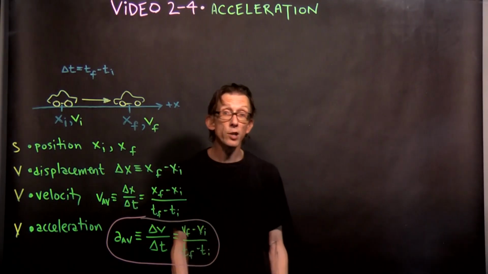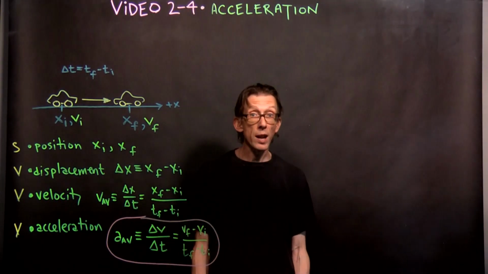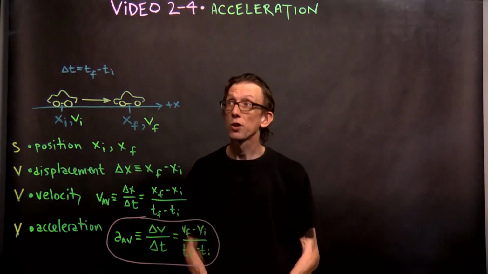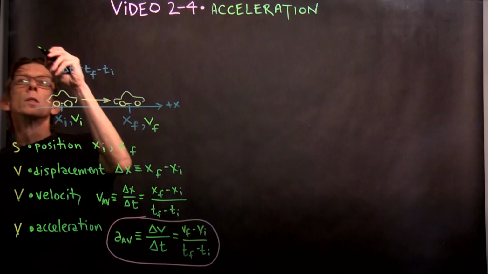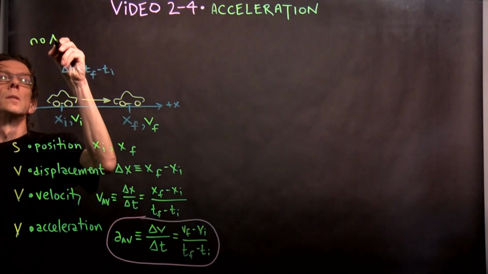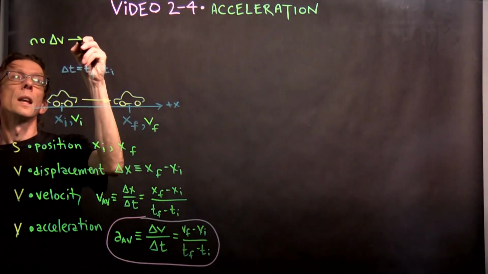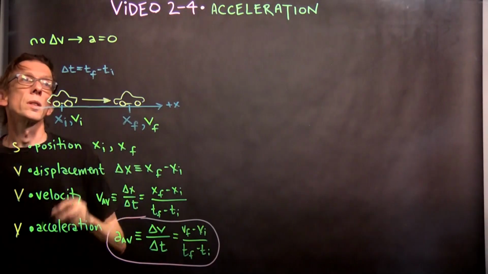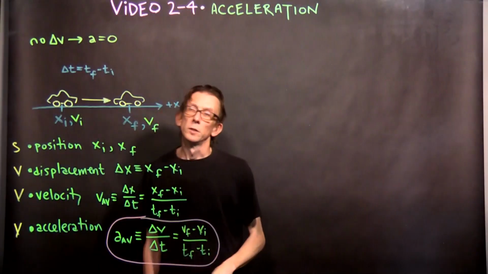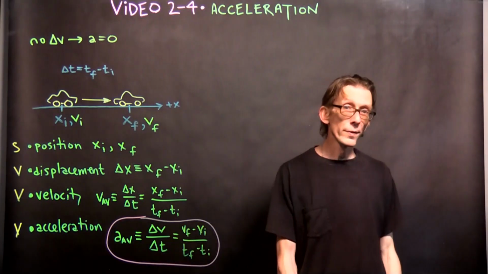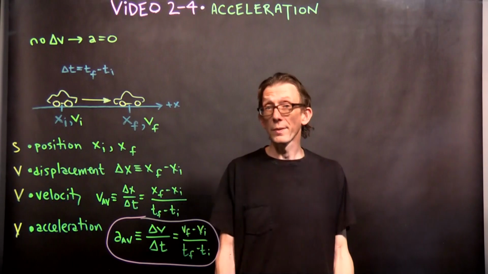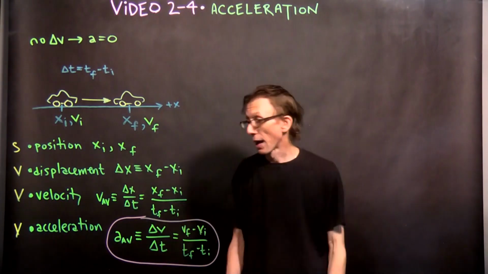If there is no change in velocity, there is no acceleration. If there is no change, delta V, that means acceleration equals 0. There's no change in velocity, acceleration is 0. And we're going to do plenty of examples of this. I'm just putting the idea out there for you.